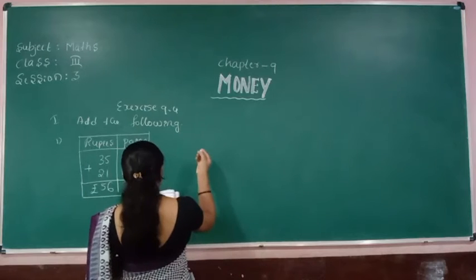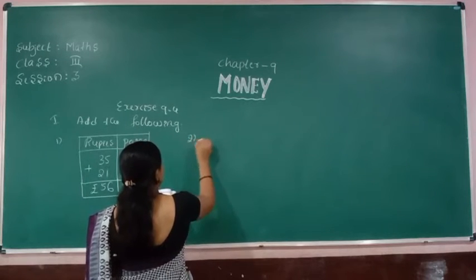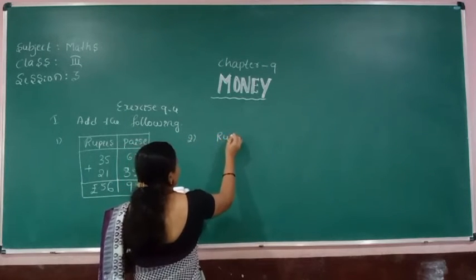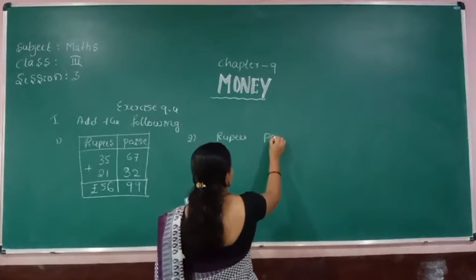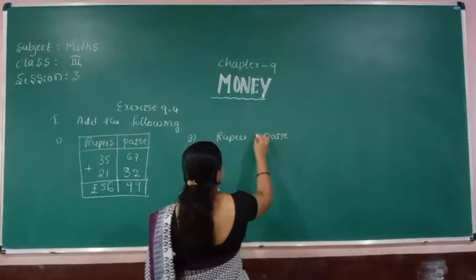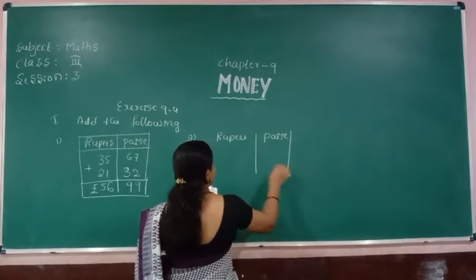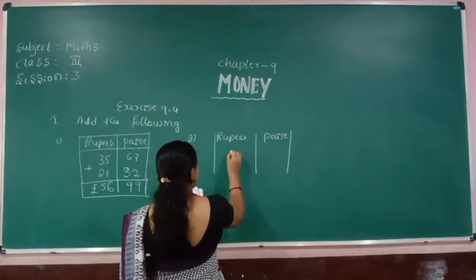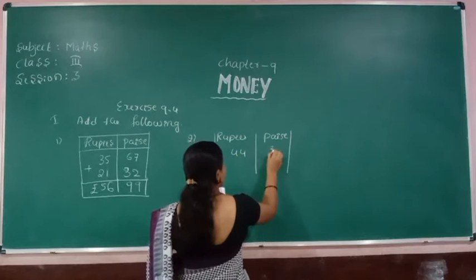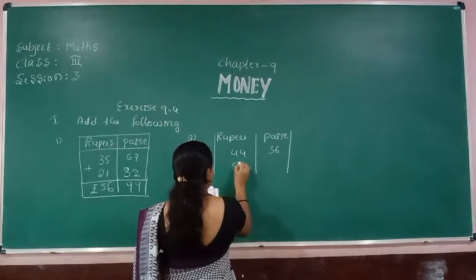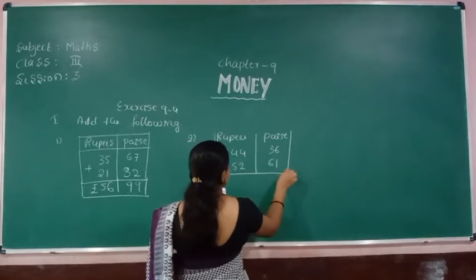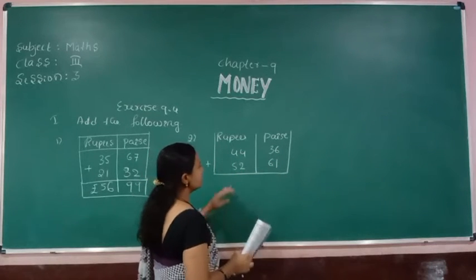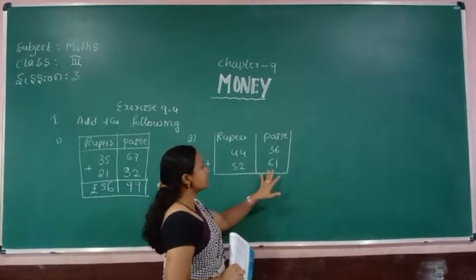Okay, the second one we are going to do, in rupees and paise: 44 rupees 36 paise, 52 rupees 61 paise.